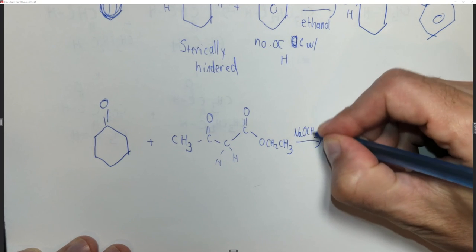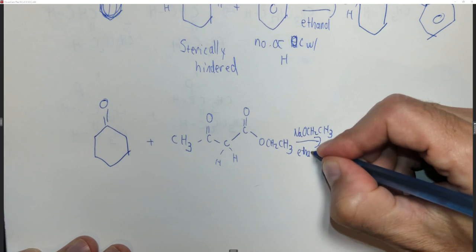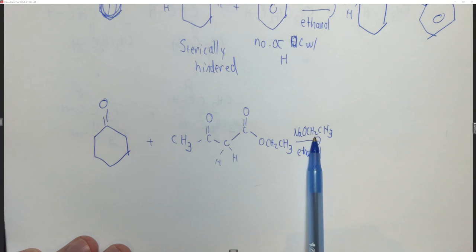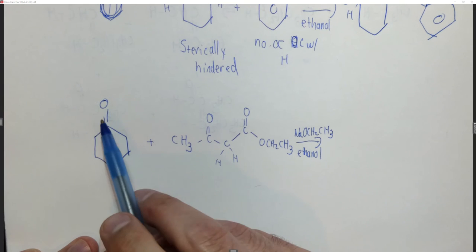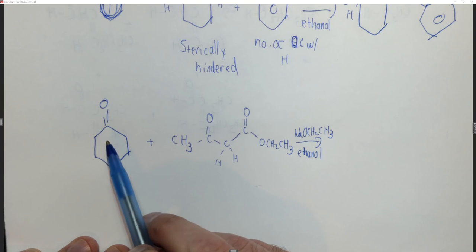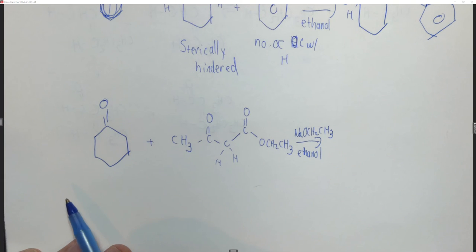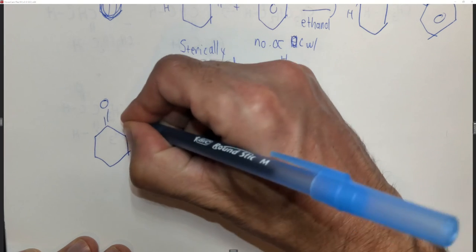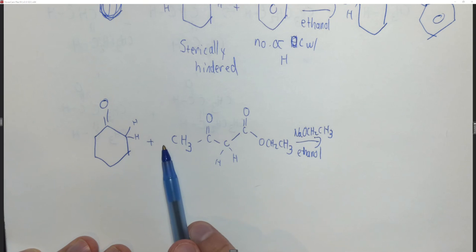NaOCH2CH3, followed by ethanol. So we add, again, a relatively weak base compared to LDA, in ethanol. Now, remember that the first step of this reaction is to lose a proton from an alpha carbon. So this alpha carbon has 2 protons, the other one's the same, and these are possible for losing.